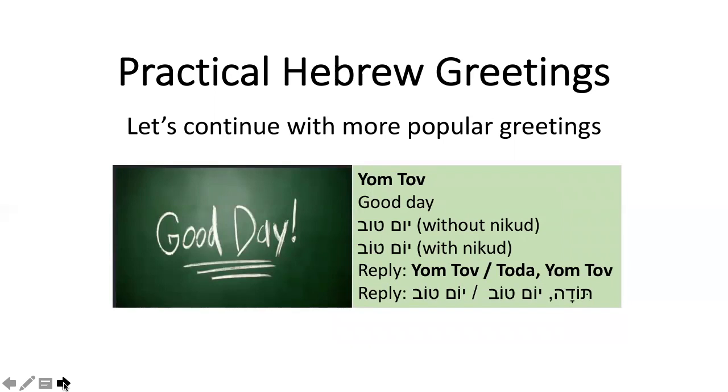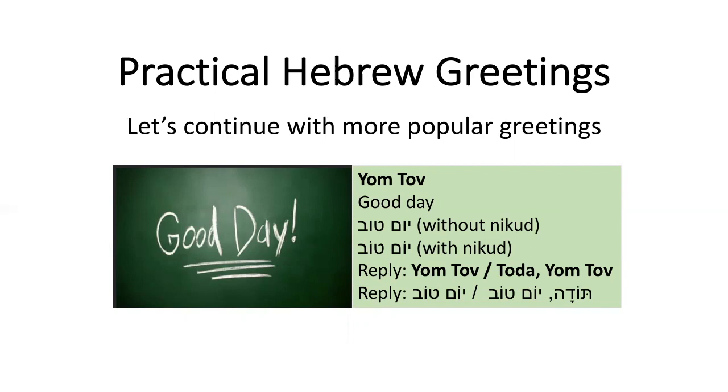So Yom Tov, without the nikud, Yom Tov, and with the nikud, Yom Tov. There's a dot there that makes the sound O, Yom, Yom Tov. And the reply would be either again, Yom Tov. So I'll ask someone how they're doing, and then I'm going to leave and I'm going to greet them and tell them Yom Tov.